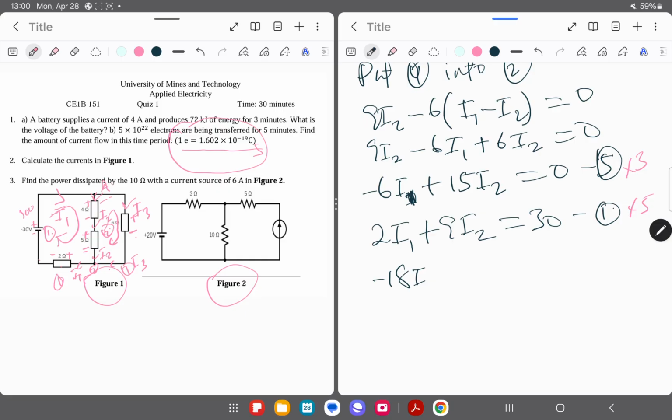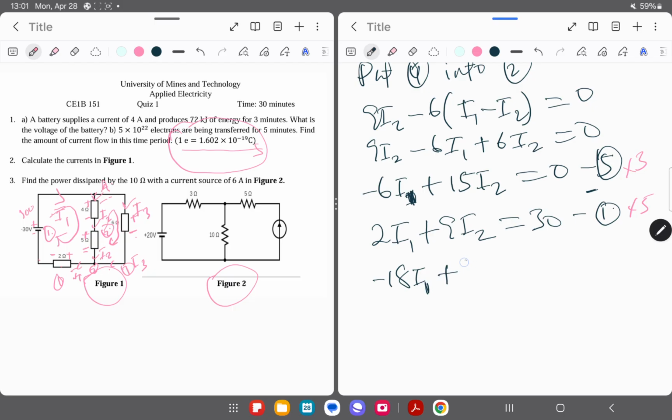Okay. So now we want minus, so here we are subtracting. No, we are multiplying first. So meaning 3 times what? Minus 6, so minus 18I1.